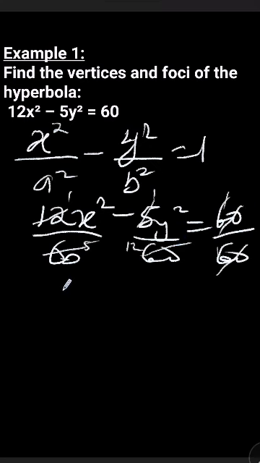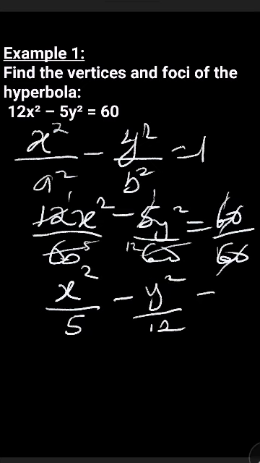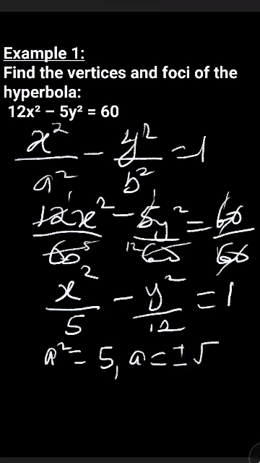So we have x squared over 5 minus y squared over 12 equals 1. We can compare it. You can see a squared is equal to 5, which means a equals plus or minus the root of 5.